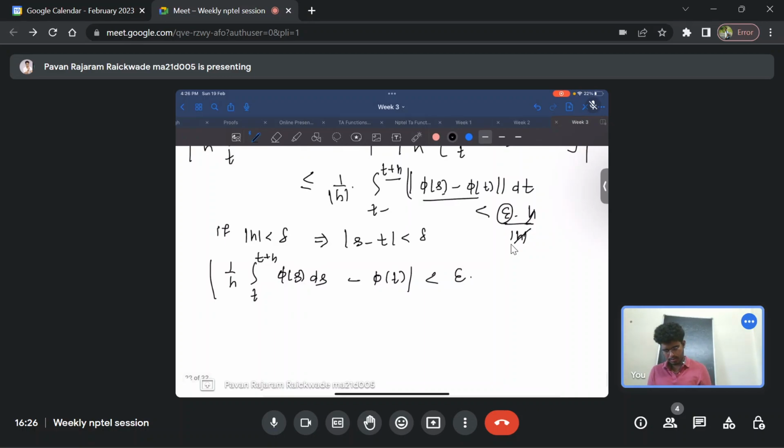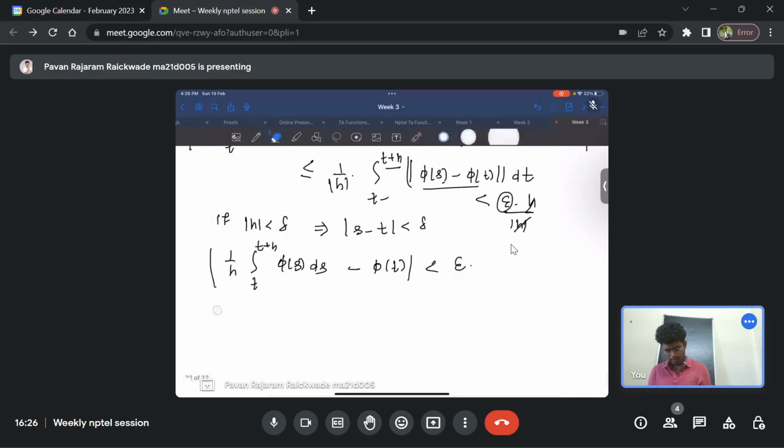So this means the limit as h goes to 0 of 1 by h times the integral from t to t plus h of phi of s ds is equal to phi of t.